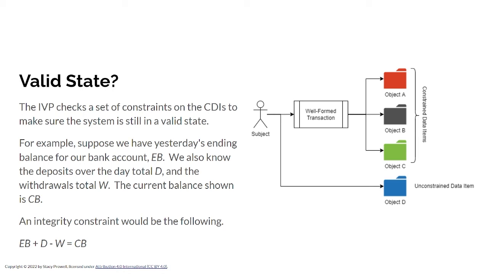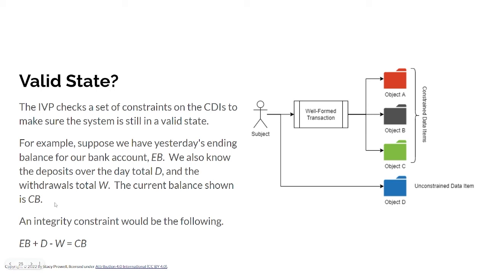And what might that look like? Okay, well, let's take a concrete example. Suppose we know yesterday's ending balance for our bank account, and we'll call that EB, ending balance. We know the deposits over the current day are D, and we know the withdrawals over the current day are W. The current balance that we get is, let's say, current balance CB.